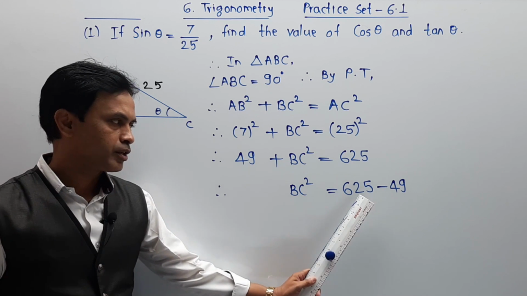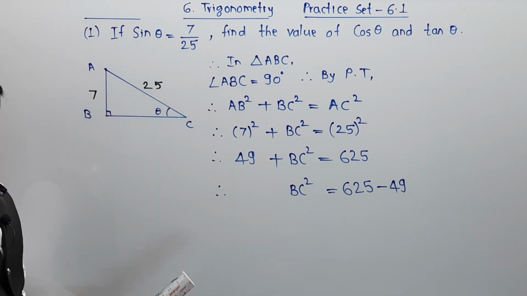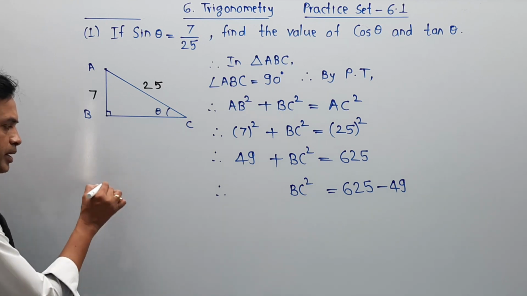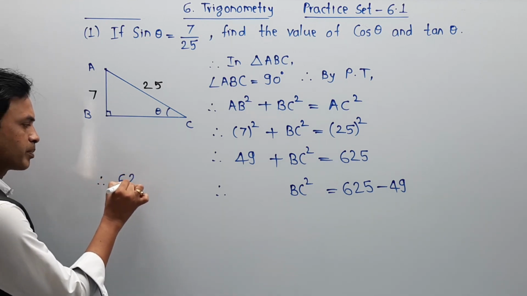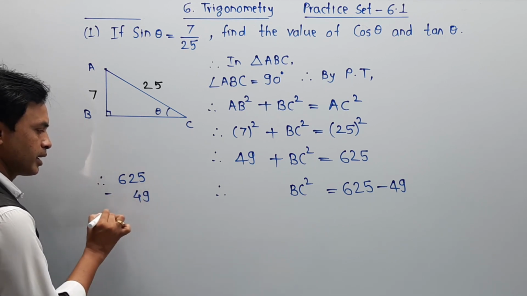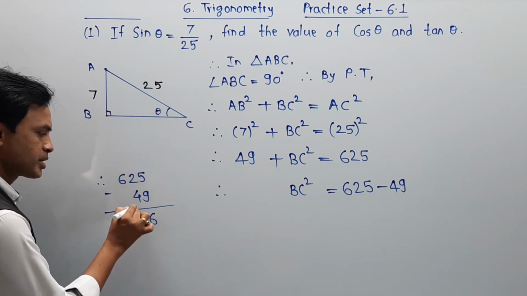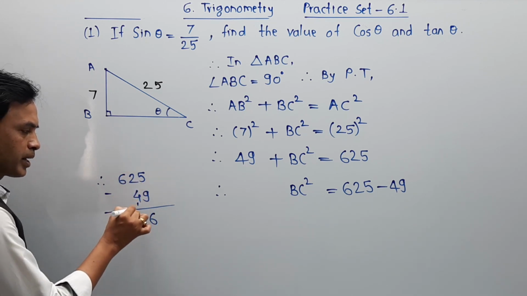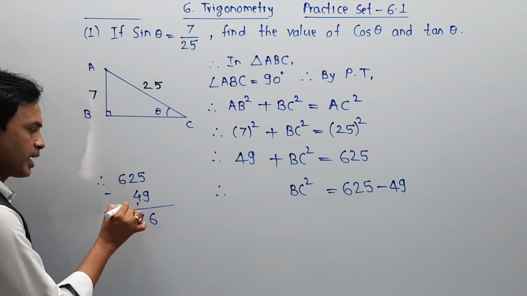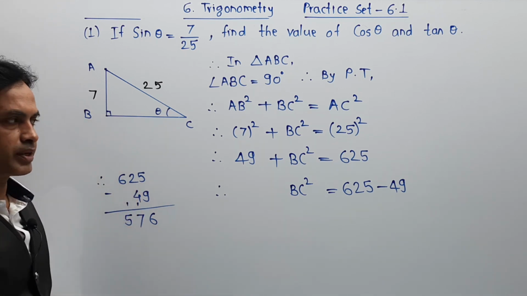Now you have to do the calculation of 625 minus 49. I am going to do every step in front of you so that you can easily understand. 5 minus 9, or you can say 15 minus 9, that becomes 6, carry 1. 12 minus 5 is 7, and 6 minus 1 is 5. That becomes 576.